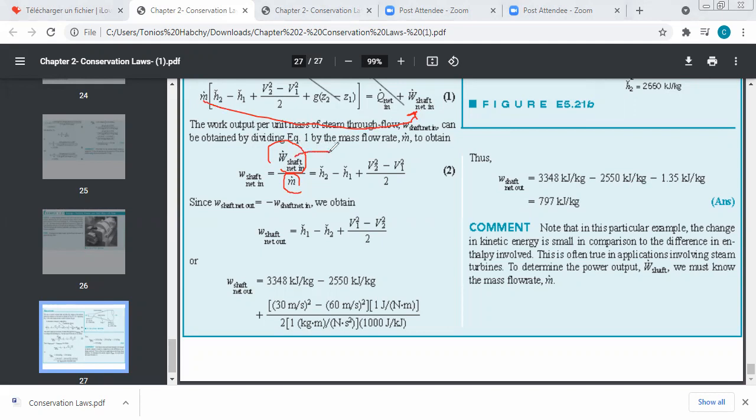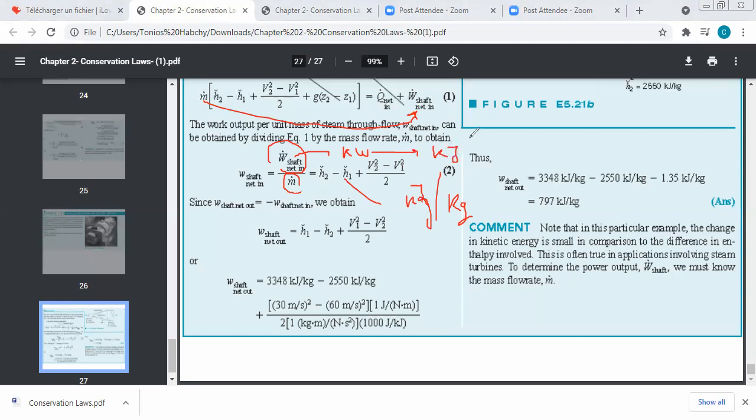Now, what is the unit of work output? As I told you, if you use kilojoule per kilogram for H, then the value of your W dot will be in kilowatt, and kilowatt is kilojoule per second.